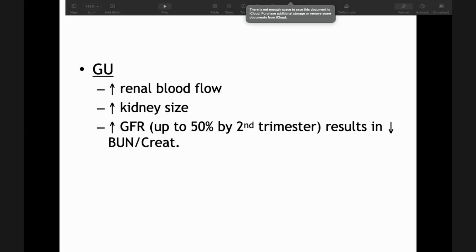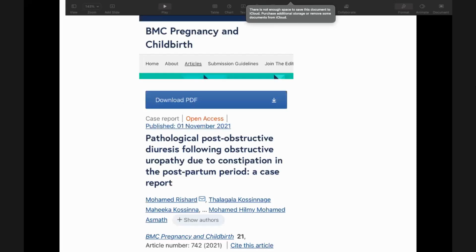There are different sets of pregnancy test results, and the reference range will be very much different. So you have to always calculate according to the reference range of pregnancy. Knowing pregnancy related values and pregnancy related physiological and anatomical changes is very, very important.